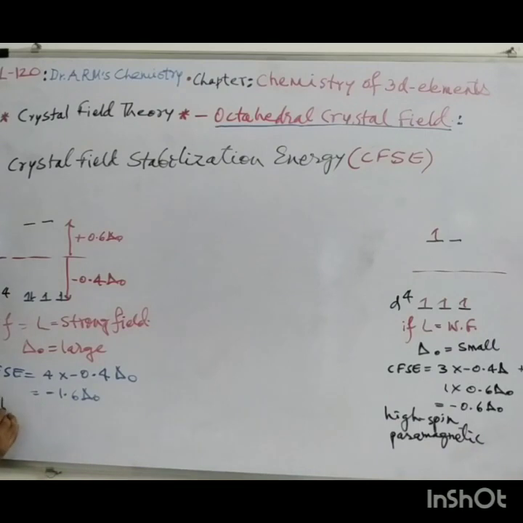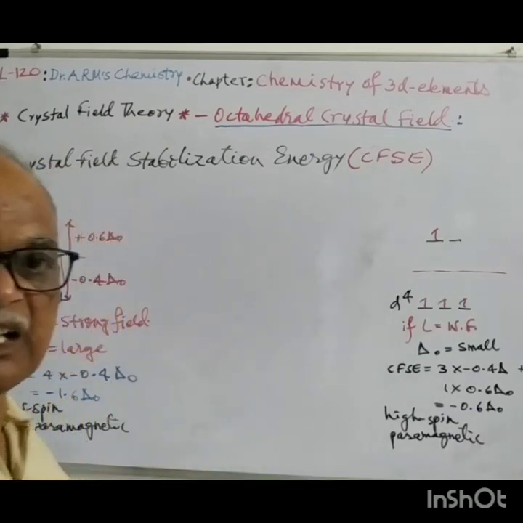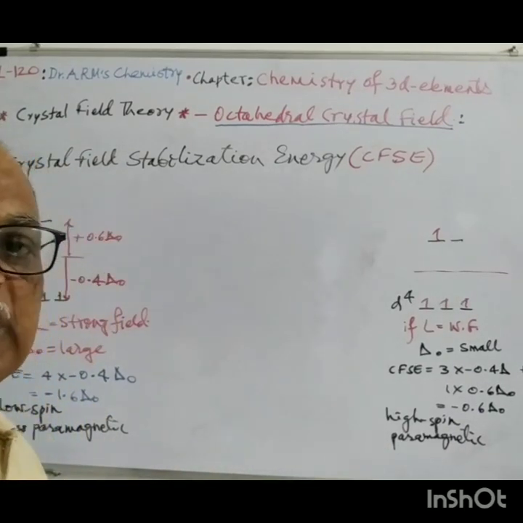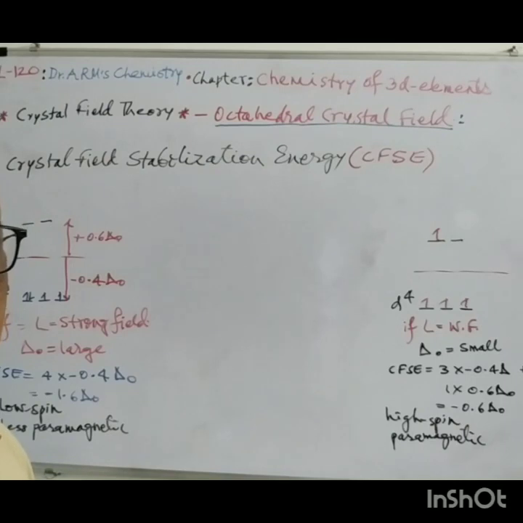This is low spin and less paramagnetic. So these are the magnetic characters.